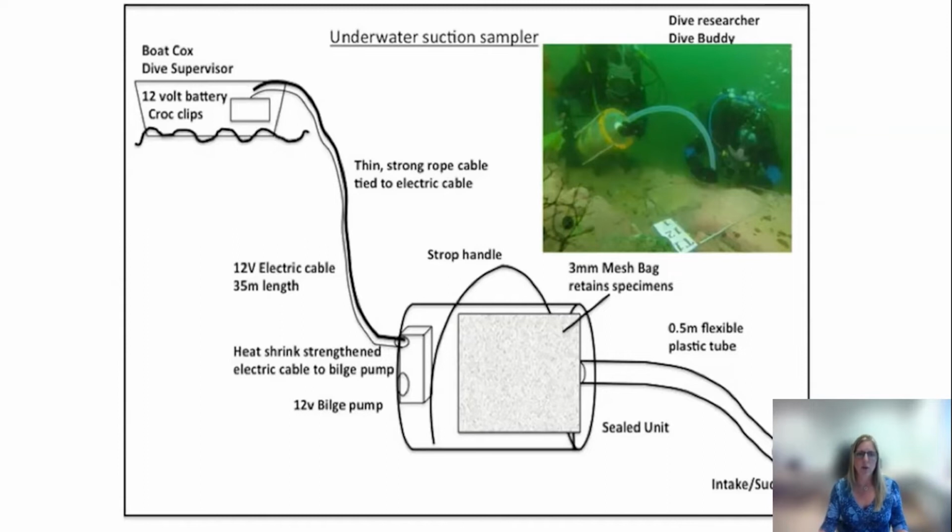The diagram gives a good overview, but in short, the suction sampler was powered by a 12-volt battery in the boat, and a bilge pump at the back of the suction sampler sucked the water through a hose with a 3 millimeter mesh bag that collected all the animals that were sucked up. So a form of gentle underwater hoovering, if you like.